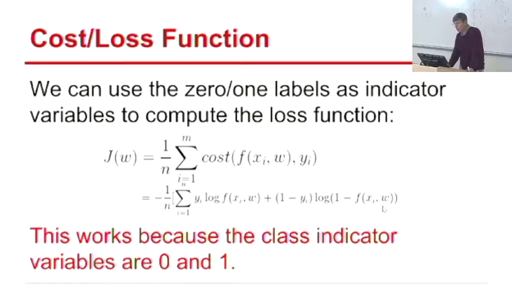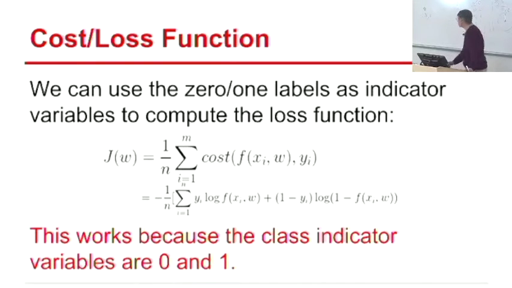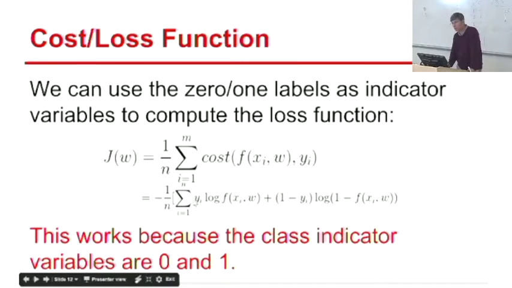The kind of cool thing is, if we multiply the punishment for a positive instance by the class variable yi, the class variable is either going to be 0 or 1. Does everybody agree that the training examples are labeled as 0 or 1? If I multiply by 0 or 1, that's intended to punish things for positive instances.